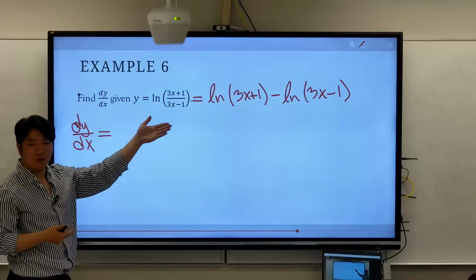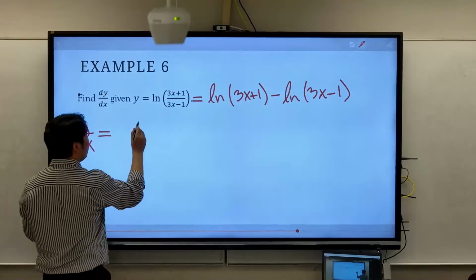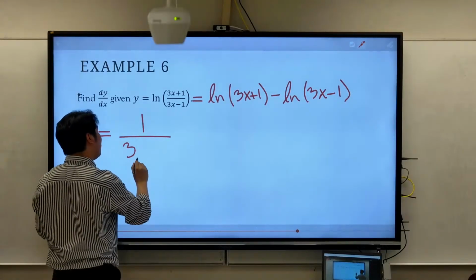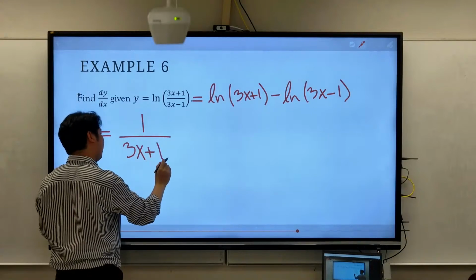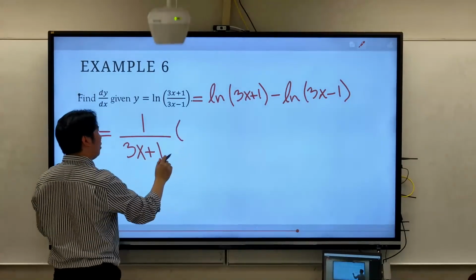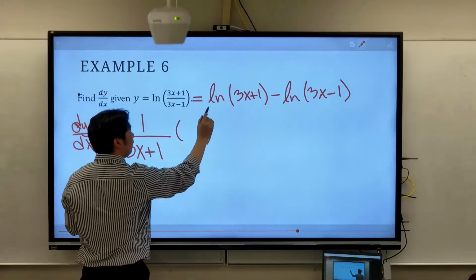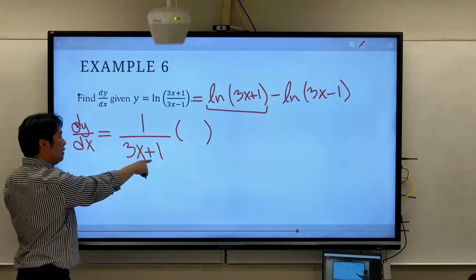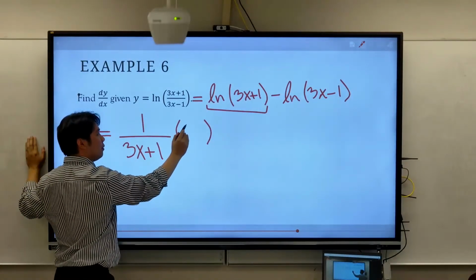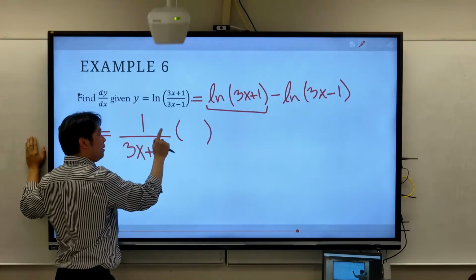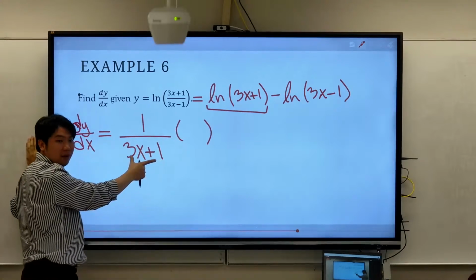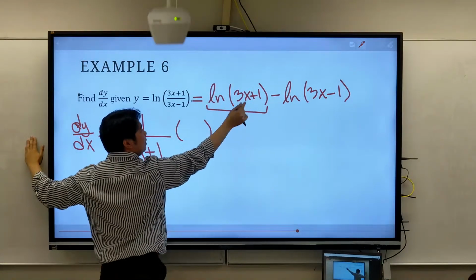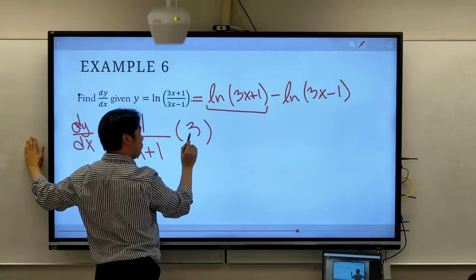It's 1 over whatever's on the inside. So layer number 1, we get 1 over 3x plus 1. What am I going to multiply by next? My second layer is 3x plus 1. Derivative of that, we get 3.